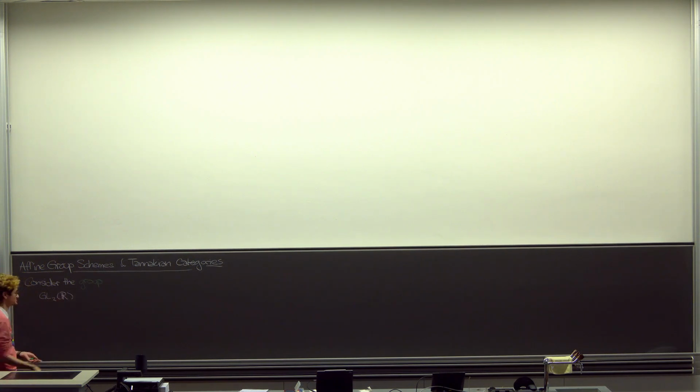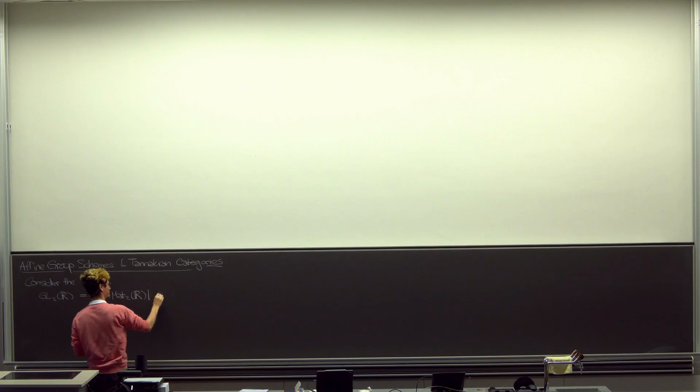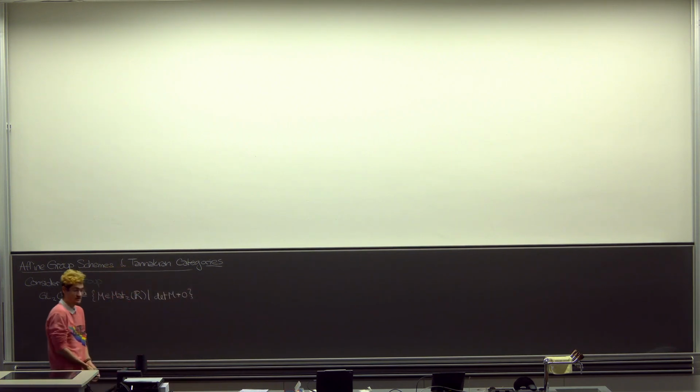What is this group? This group is basically just the invertible matrices with coefficients in R, which have determinant unequal to 0. Okay, so far so good.